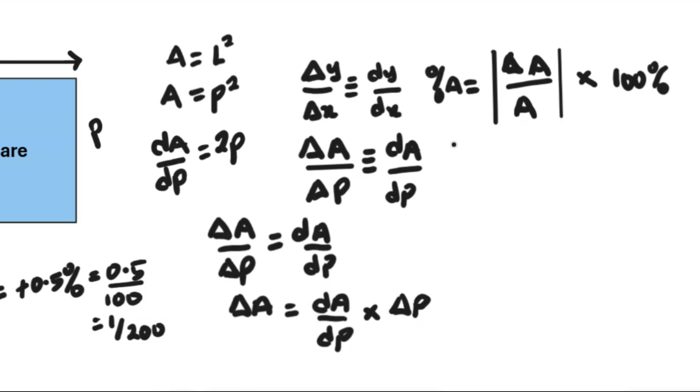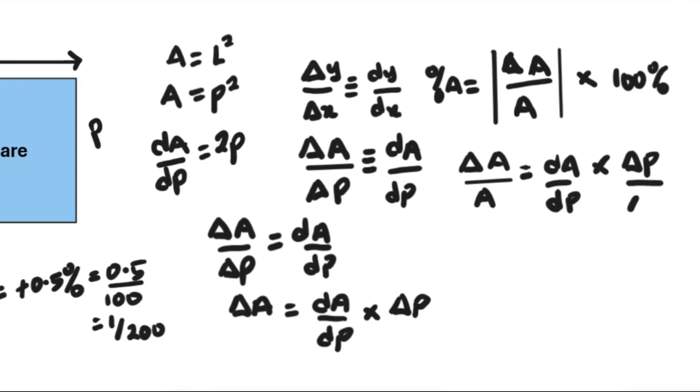So if I divide both sides by A, we are going to have delta A being divided by A is equal to dA/dP times delta P.